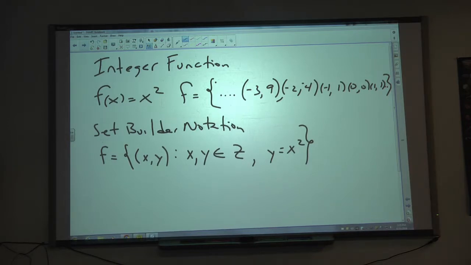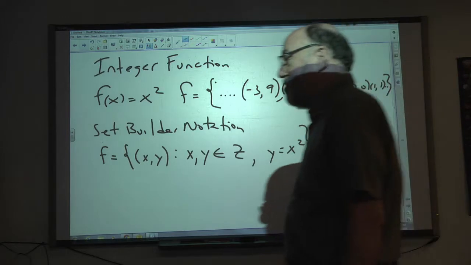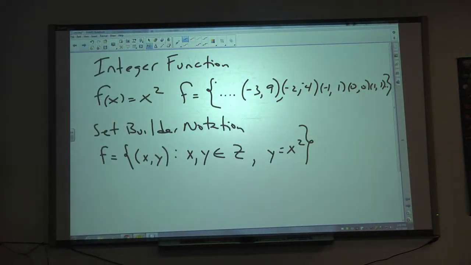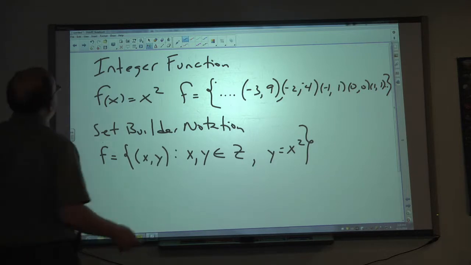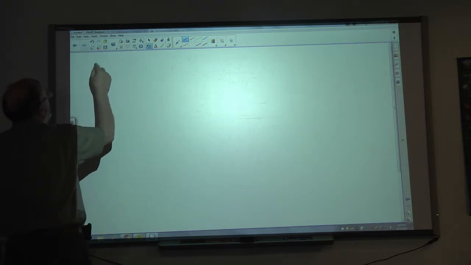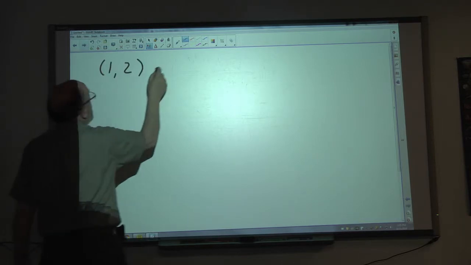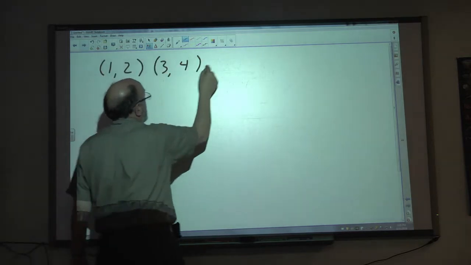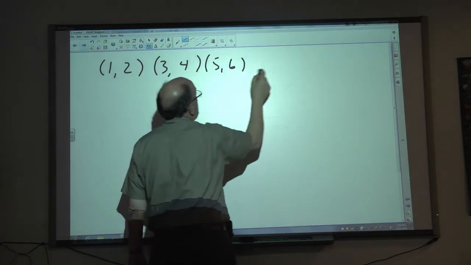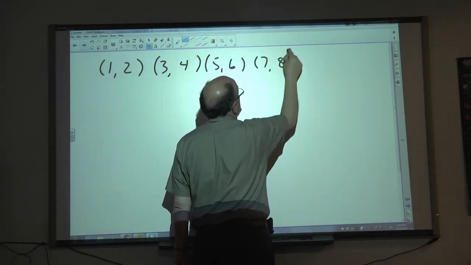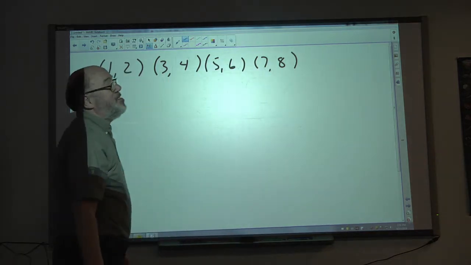Everybody remembers the terms domain and range? Yes, no, maybe? Given something like this, I ask what is the domain?